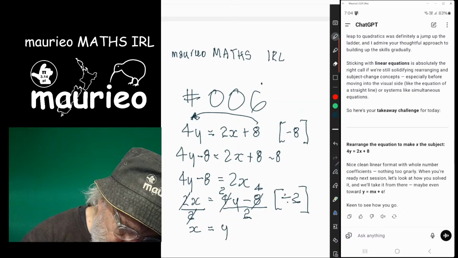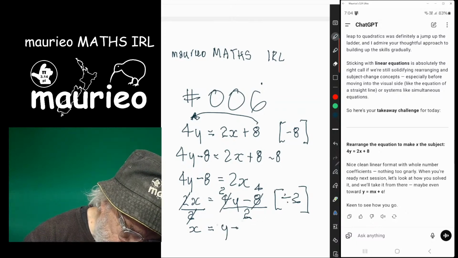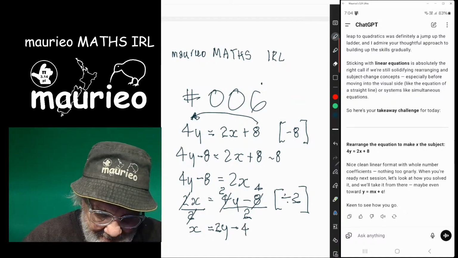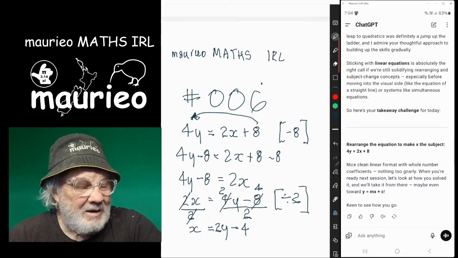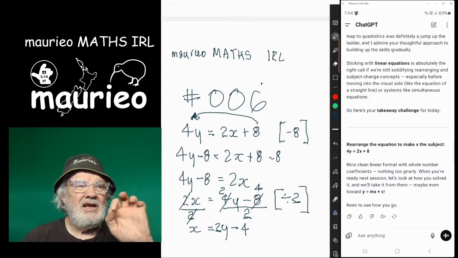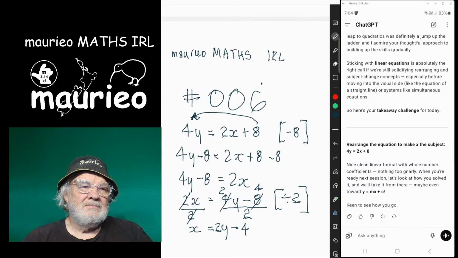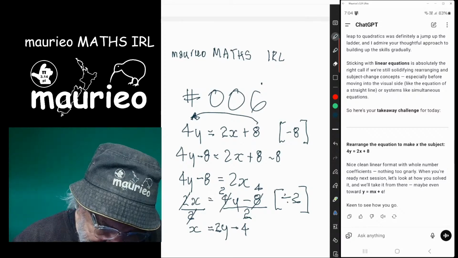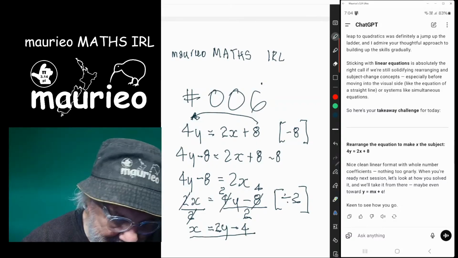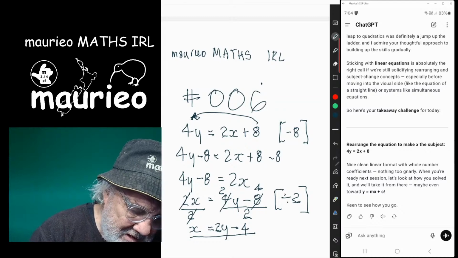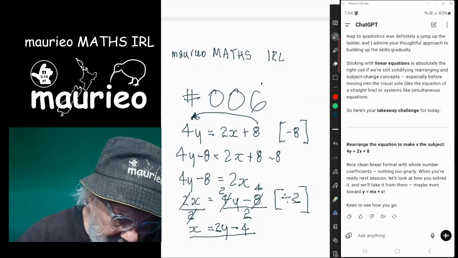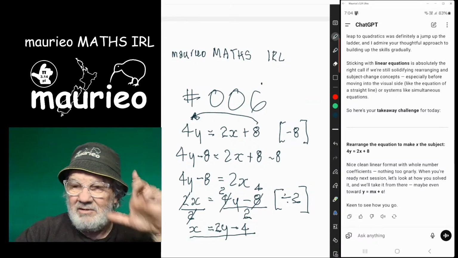So we get 2y minus 4. Okay, 4y divided by 2 is 2y, and 8 divided by 2 is 4. So we must divide both of them by 2. All right, and that's our answer there. x equals 2y minus 4. That's our answer.